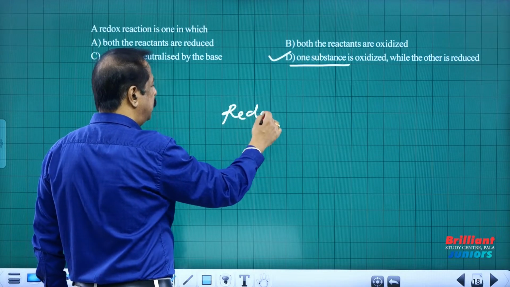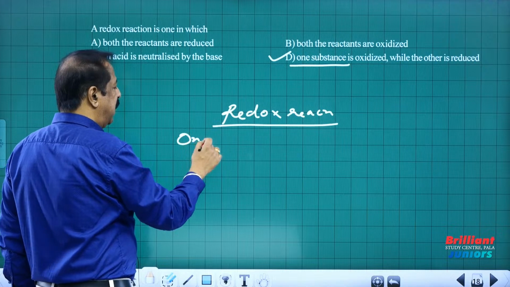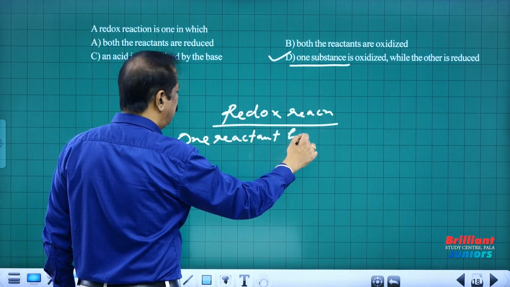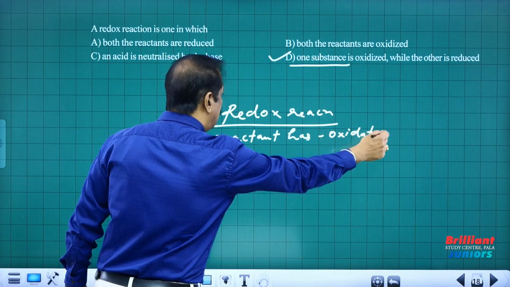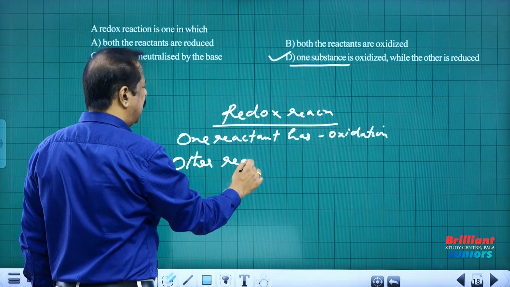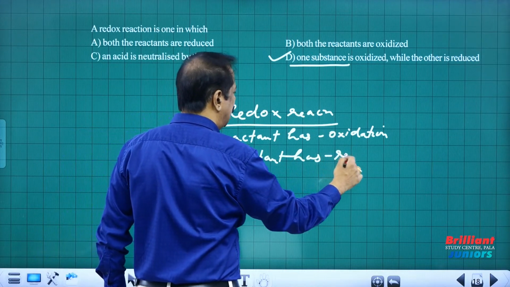A redox reaction is one in which one reactant has oxidation and the other reactant has reduction.